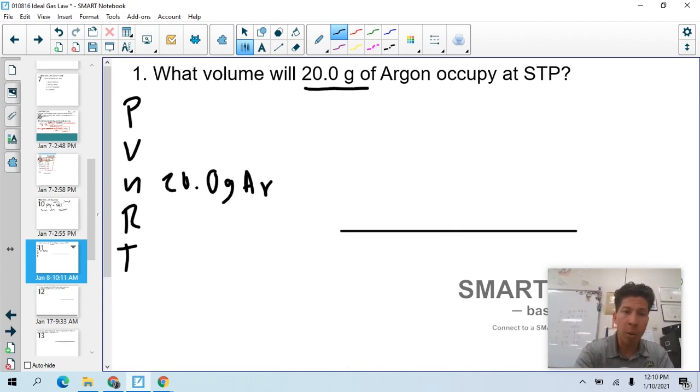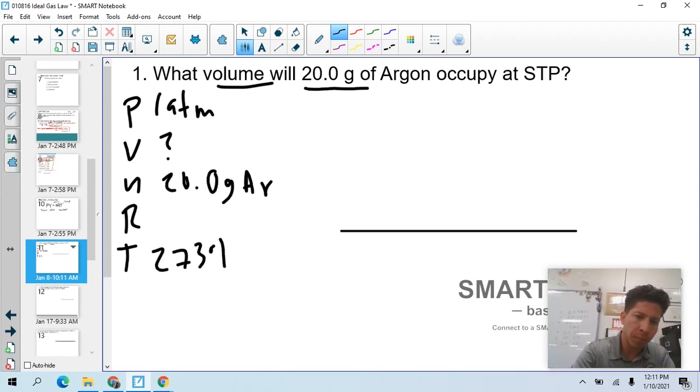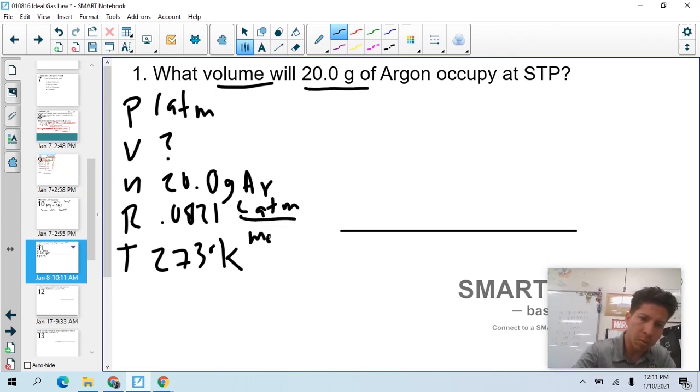Okay, I know I want the volume, so I'm going to put a question mark there. Everything else should be STP. So pressure at STP is 1 atm. Temperature at STP is 273. And remember, R is a constant. R is 0.0821 liters atm over moles Kelvin.